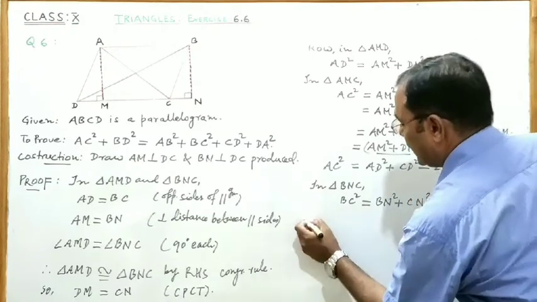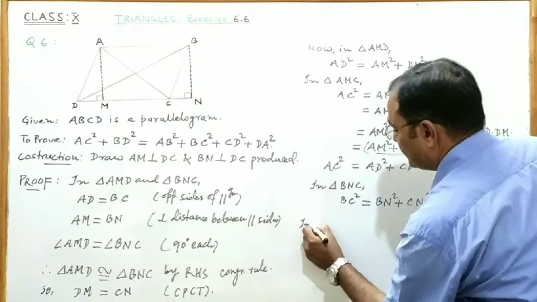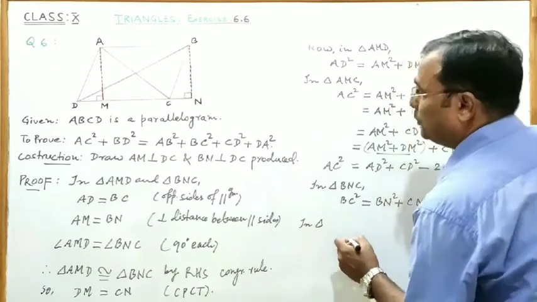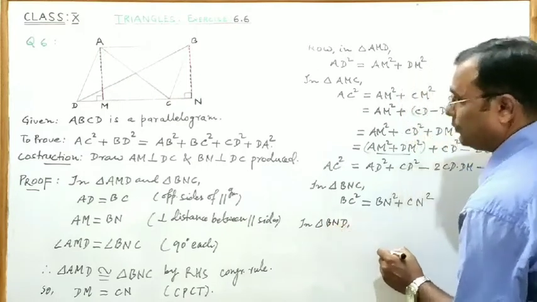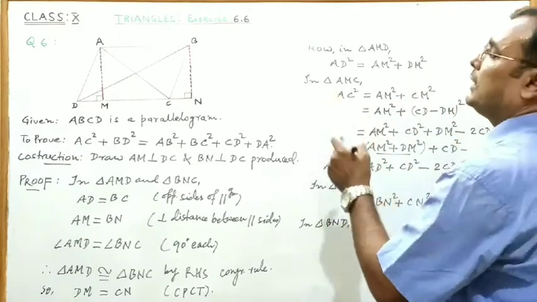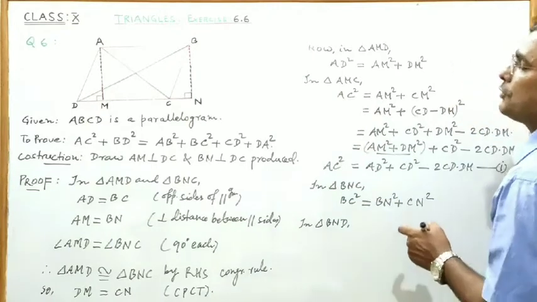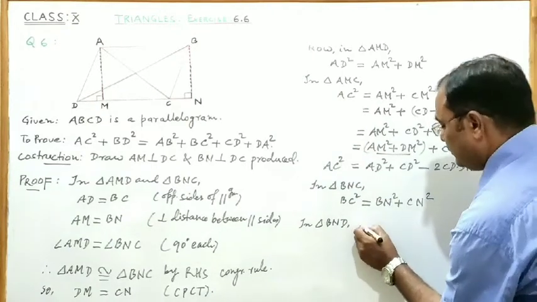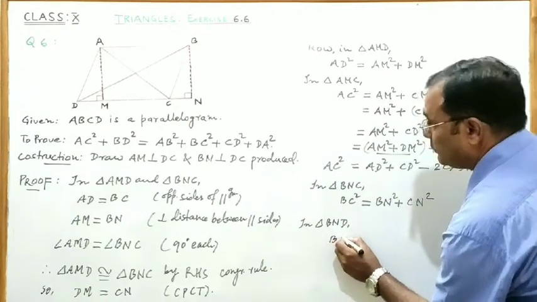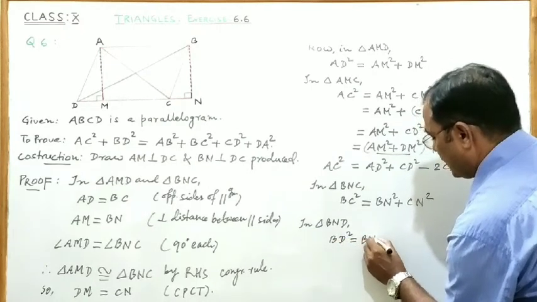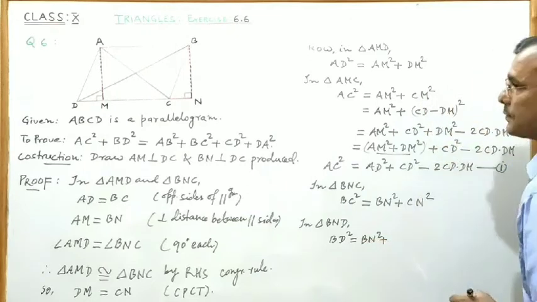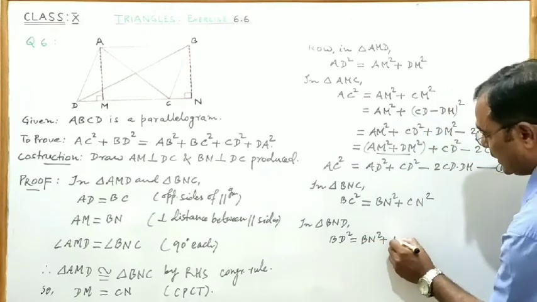In triangle BND, using Pythagoras theorem we can write BD square is equal to BN square plus DN square.